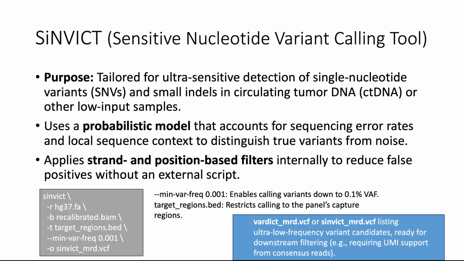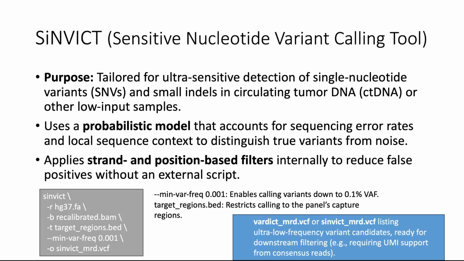Another interesting option will be to use SiNVICT, sensitive nucleotide variant calling, and it's tailored for ultra-sensitive detection of single nucleotide variants and small indels in circulating tumor DNA.